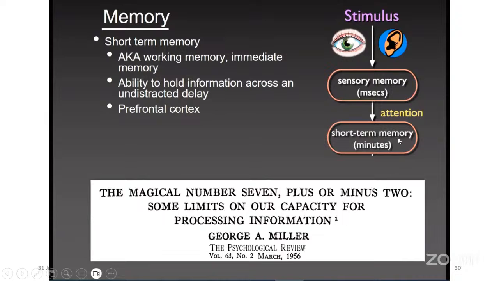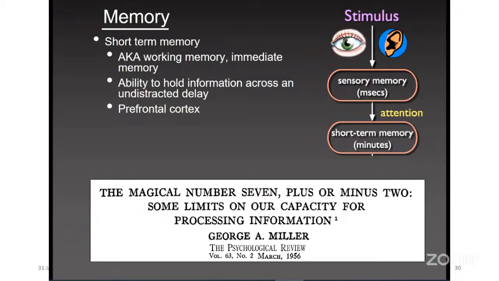And let's look at that. This is important: working memory, immediate memory. Now, what happens here is they have the ability to hold information across an undistracted delay, only a few minutes. And the location of this buffer is prefrontal cortex. So the magical number 7 plus or minus 2.